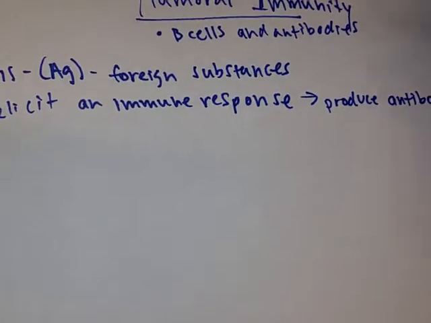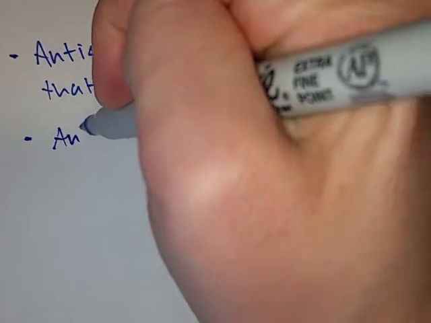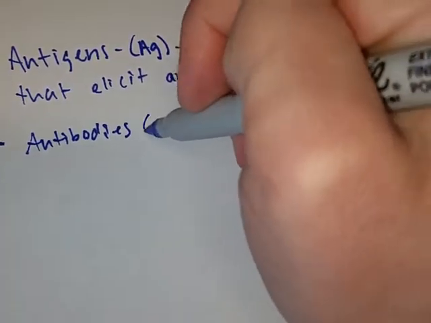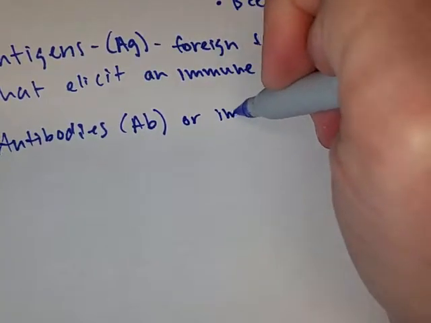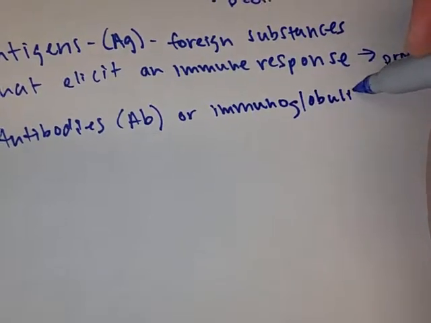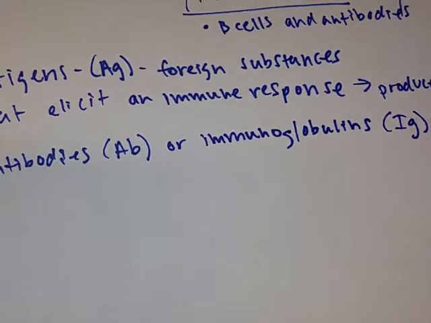So what exactly are antibodies? Antibodies, abbreviated AB, are also called immunoglobulins, or IG.